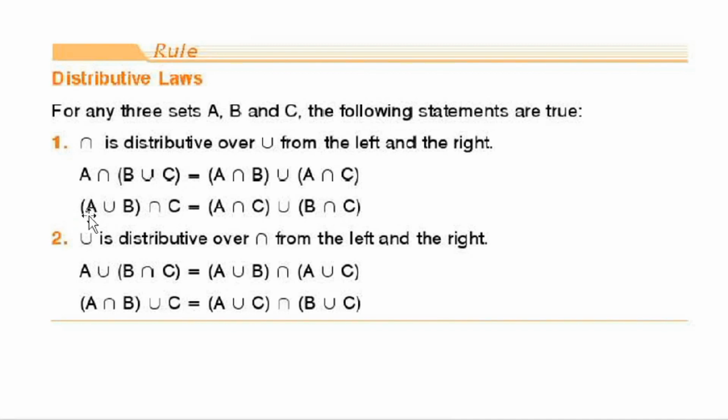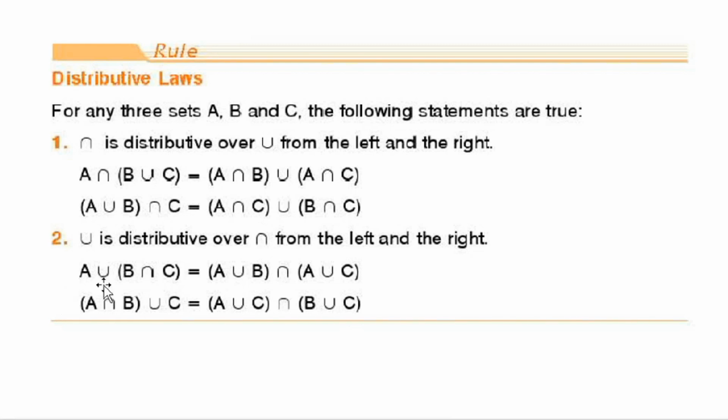Another example, we have the quantity of A union B, intersection C, is equal to A intersection C, union B intersection C. For number two, we have union is distributive over intersection from the left and the right.